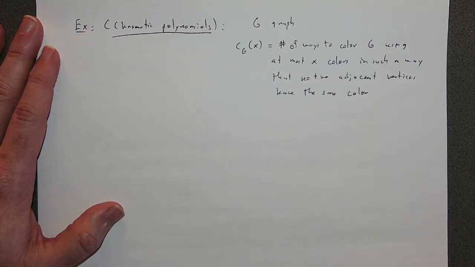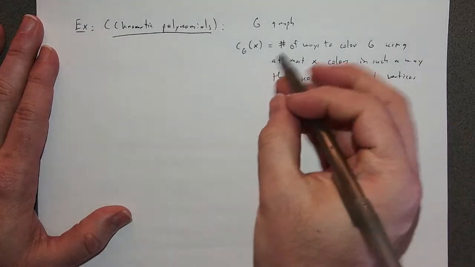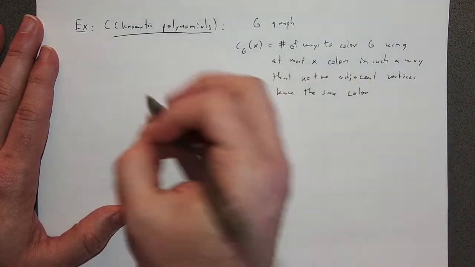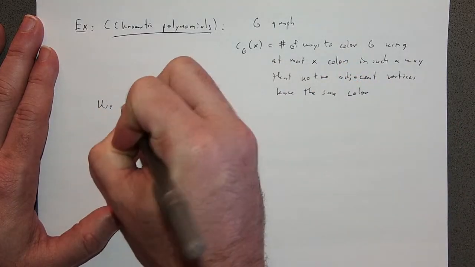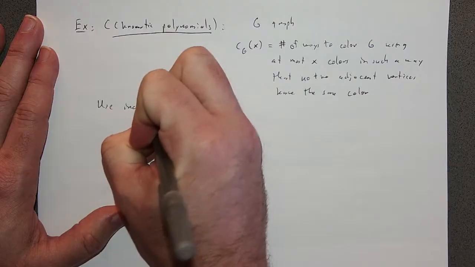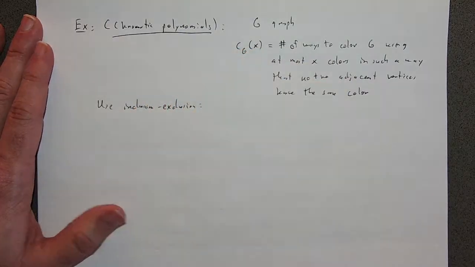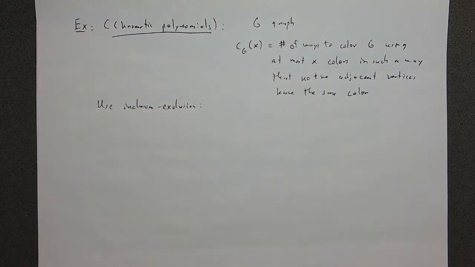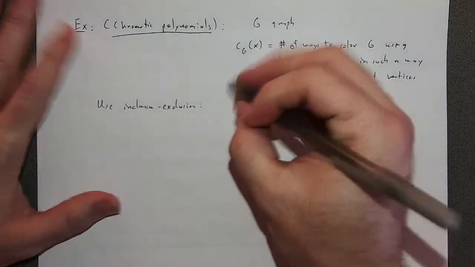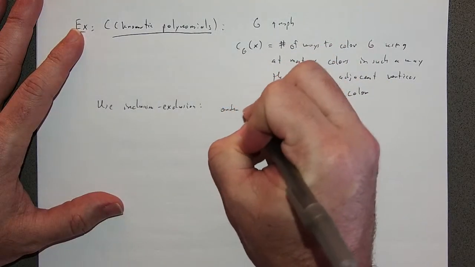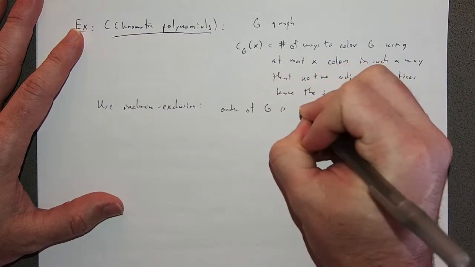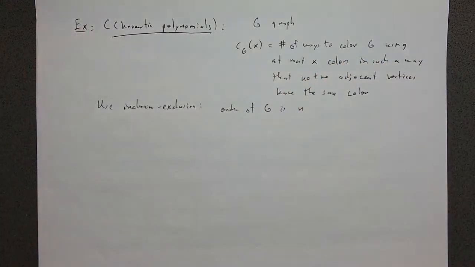Okay, so we can use inclusion-exclusion to count this. But how do we do this with properties, right? So let's say that the order of G is n, so it has n vertices.